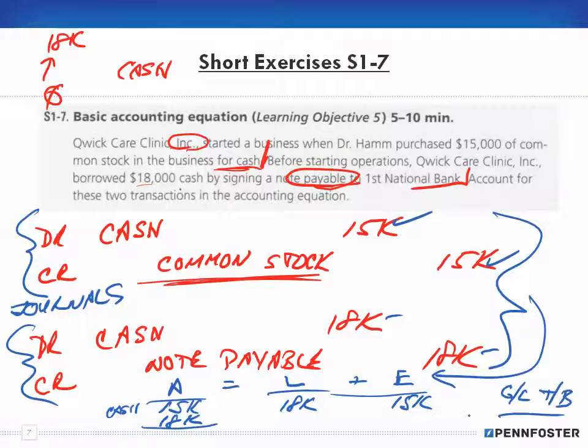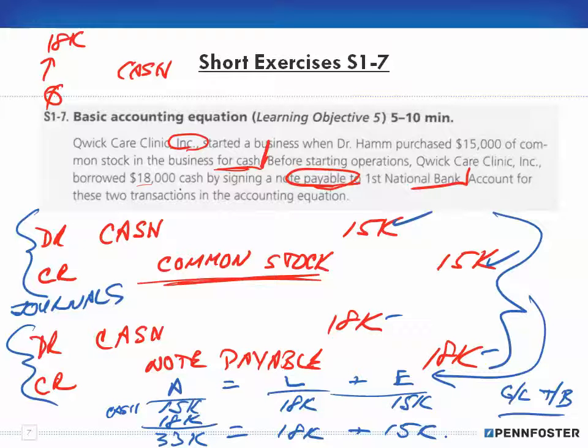But that's beyond the scope of this exercise, so we're not going to go there just yet. That's for another chapter. So under assets, we have 33,000, and that's equal to 18,000 plus 15,000. So my accounting equation is in balance. 33,000 is equal to 18,000 plus 15,000.